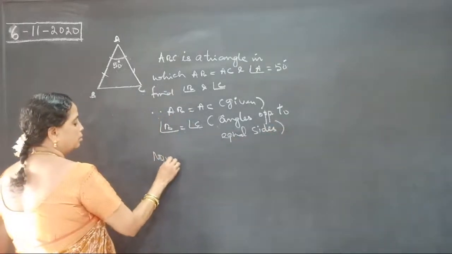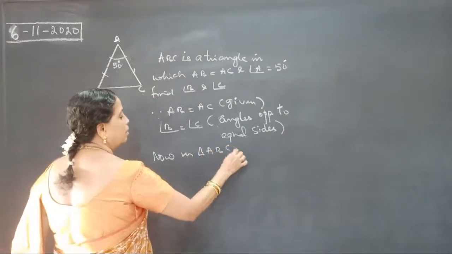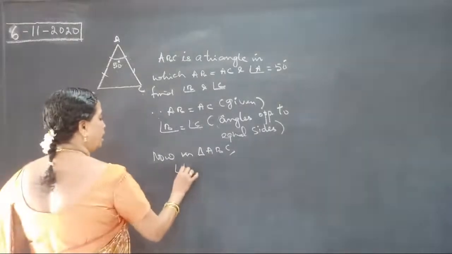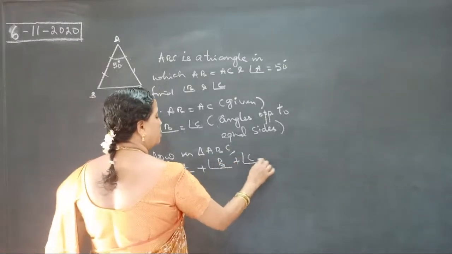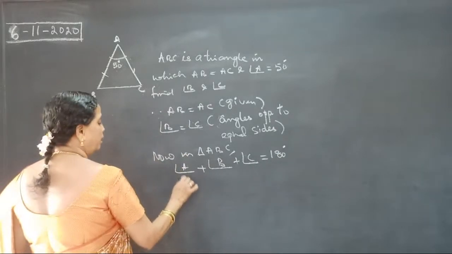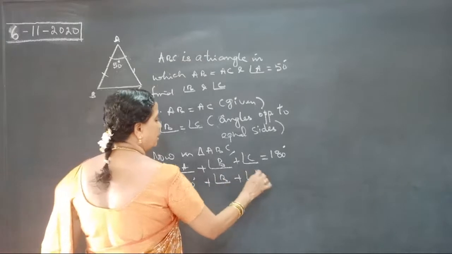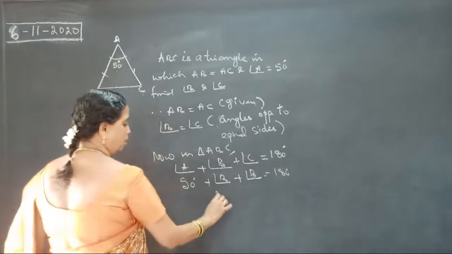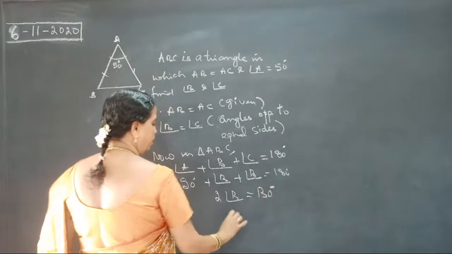Now, in triangle ABC, we should apply the angle sum property. Angle A plus angle B plus angle C equals 180 degrees, and we know angle A is 50 degrees. Each is equal, so I will consider angle B only. 2 of angle B equals 130 degrees.